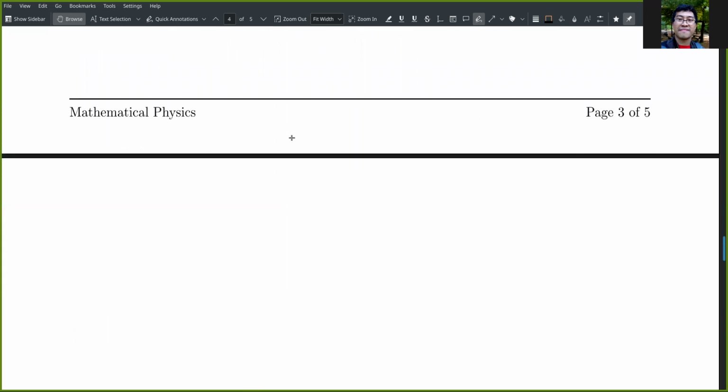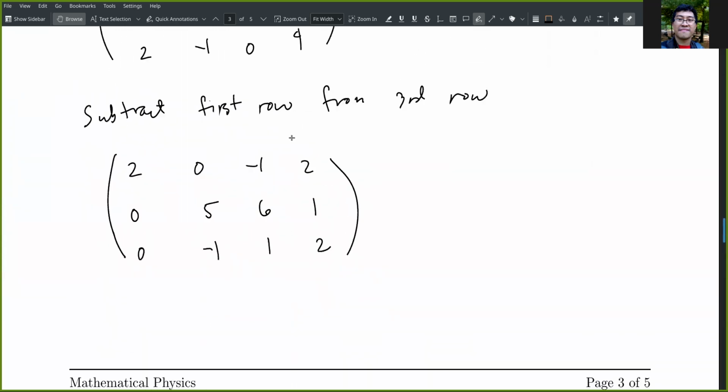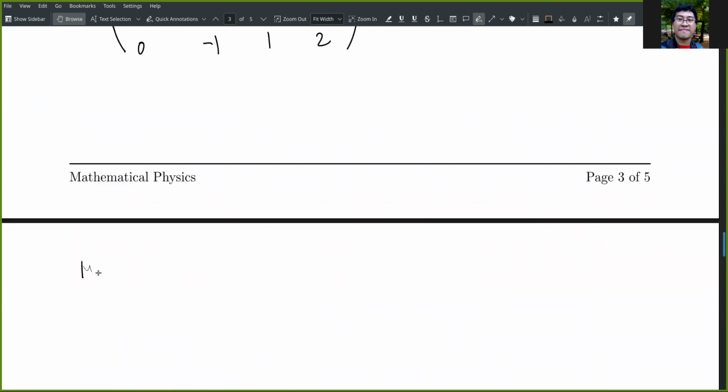What we can do next is multiply third row by 5 and then add with second row. And then suppose we want to replace the third row. Okay, multiply third row by 5 and add to second row.